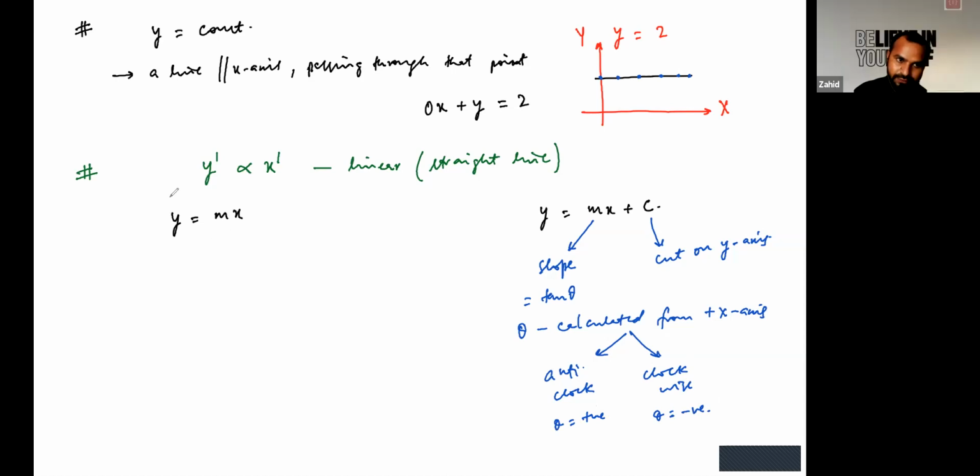So what we conclude for this particular expression: here we have c, which means the cut on the y-axis. But in this expression, there is no c. It means c would be 0 in this expression. It means this particular curve will cut the y-axis at which point?